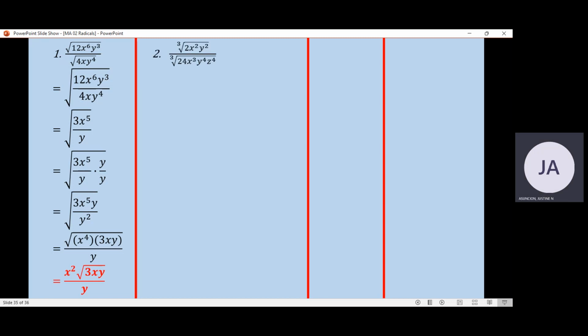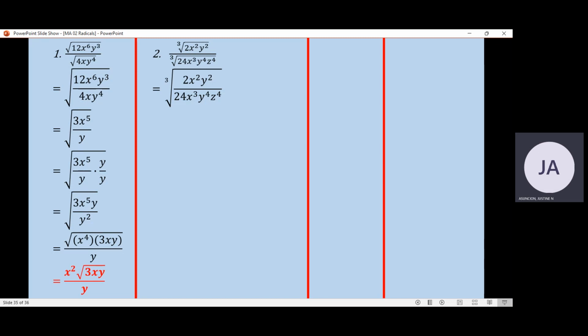Okay. Another example, the cube root of 2x squared y squared all over the cube root of 24x cubed y raised to 4 z raised to 4. Okay, so apply again the rule. So we have here 2x squared y squared all over 24x cubed y raised to 4 z raised to 4. Okay, again, let's simplify.